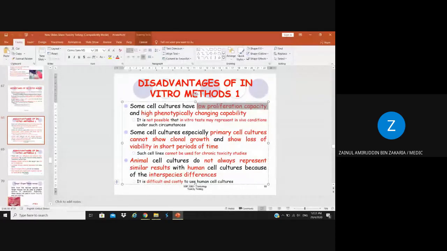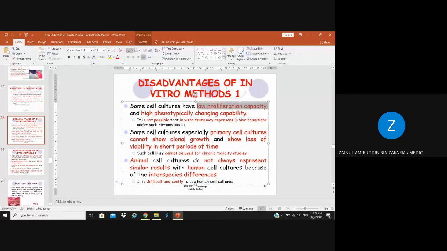Certain cells have phenotypically changing capability. They can change their phenotype, and even the genetic part, because we left them to interact with each other. They might develop a certain type of immunity, for example, compared to the parent cell.